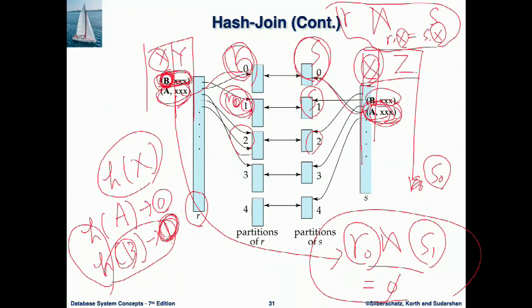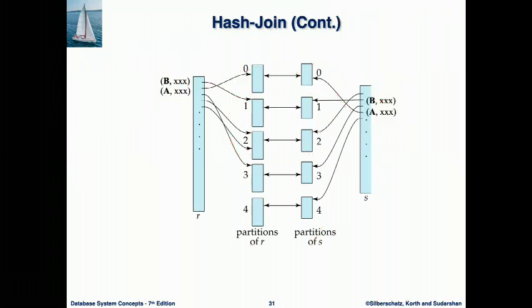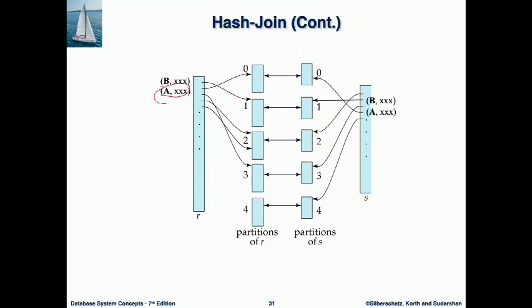Okay, so at a very high level, what it means is that every record like A, this record, will be read once and then saved once. And here, this record having A will be read once and then saved once.